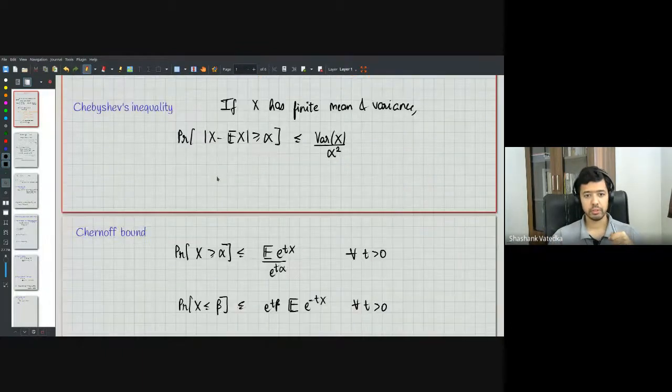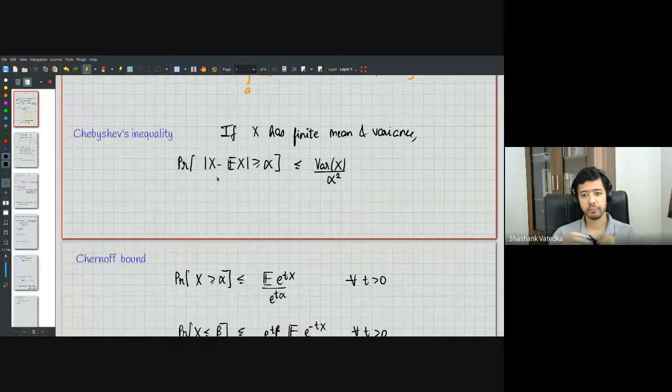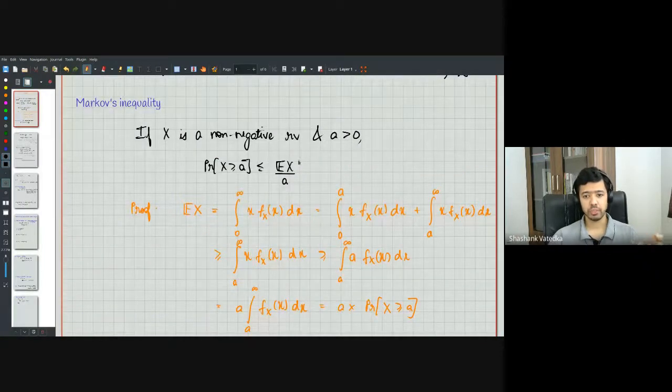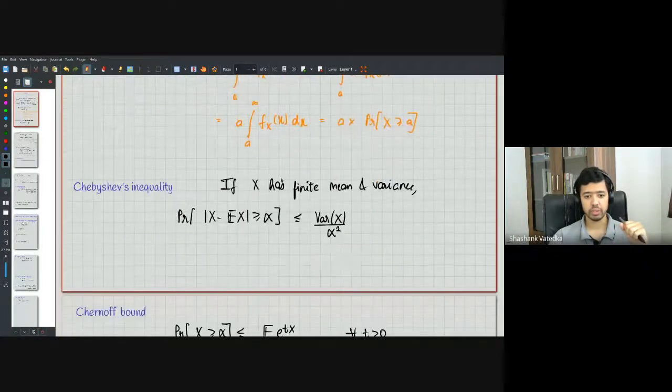In particular, you have the Chebyshev inequality, which says that if you have any random variable x with a finite mean and a finite variance, then the probability that x deviates from the mean by an amount alpha is at most the variance of x divided by alpha square. The way to prove Chebyshev's inequality is to apply Markov's inequality on a suitable random variable.